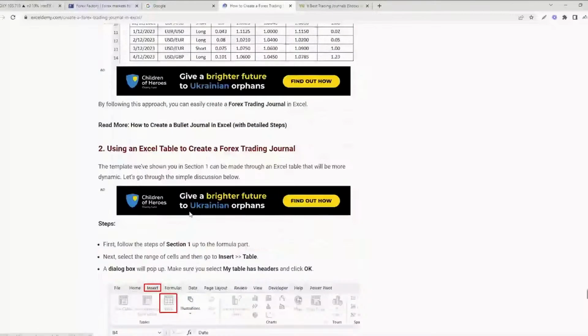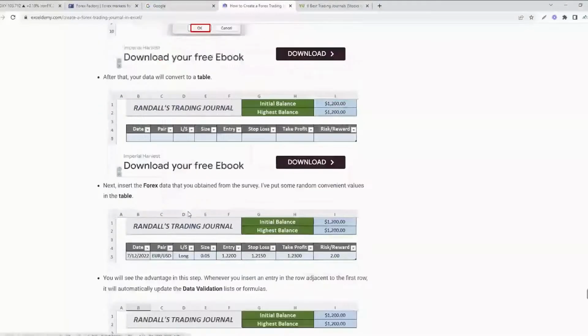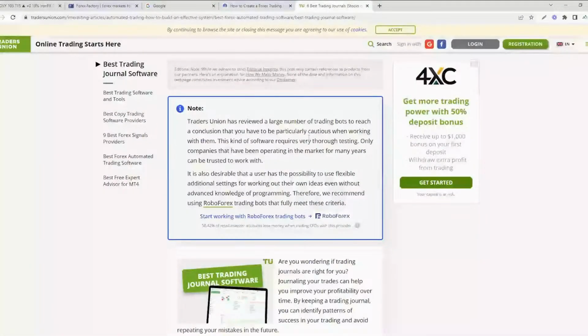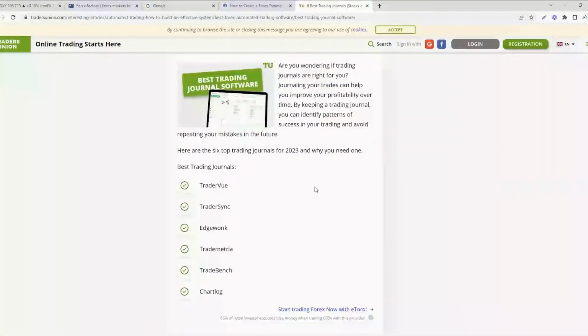Okay, so this is a website here, and the other one is this Traders Union website where they have done a review of several trading journals. These are all paid subscription journals, just to be clear. I'm not promoting any of these particular trading journals that are listed here.